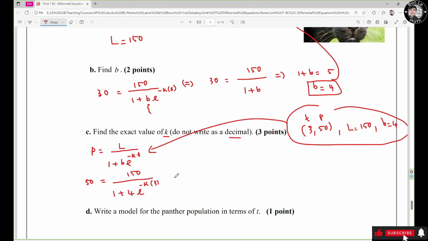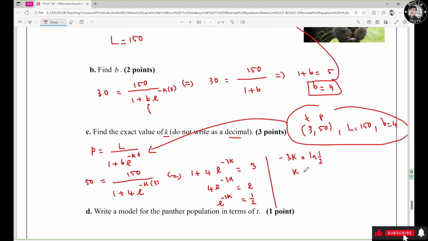So I have 1 plus 4 times e raised to the negative 3k equals 150 divided by 50, which is 3. Then you have 4 times e raised to the negative 3k equals 2. Divide both sides by 4, so e raised to the negative 3k equals 1/2. Now take the natural log of both sides, so negative 3k equals natural log of 1/2.